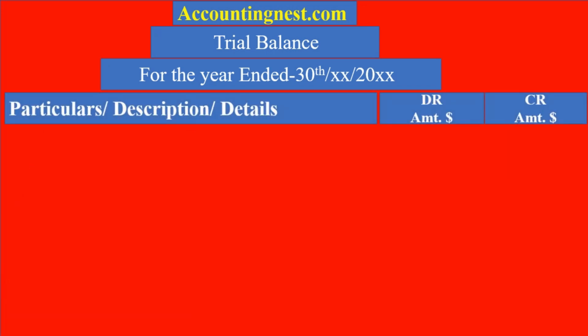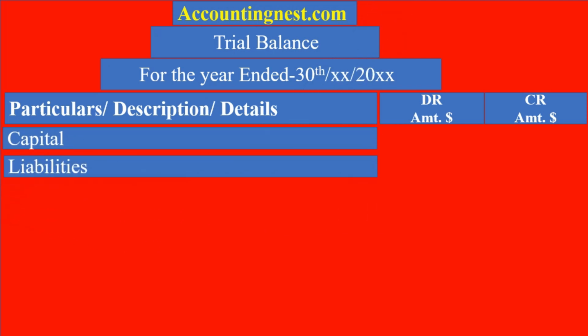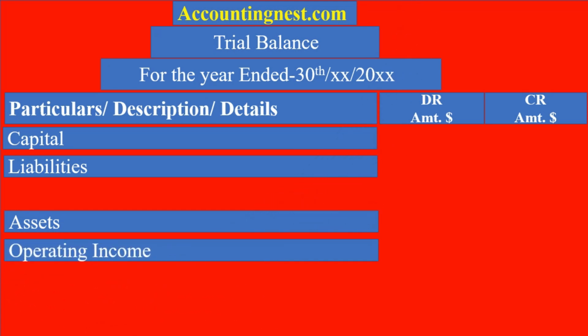The three columns are with us there, and we can now record capital, liability, assets, operating income, and operating expenses.